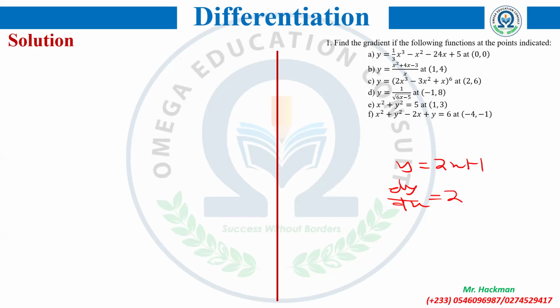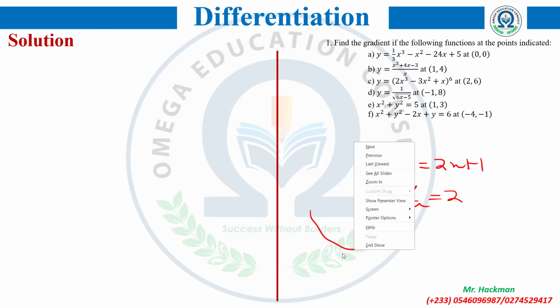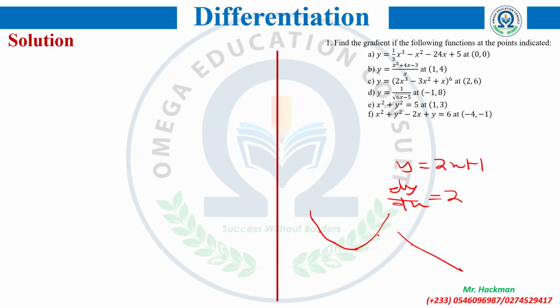However, if you want a particular gradient, because I'm dealing with a curve, for lines, irrespective of where you are on the line, the gradient will be the same. But for curves, if I'm here, my gradient will be different from someone who is here, or someone who is here. So the gradient will differ from one point on the curve to another. But if I have a line, anywhere I am on the line, the gradient will be the same. Do you agree?